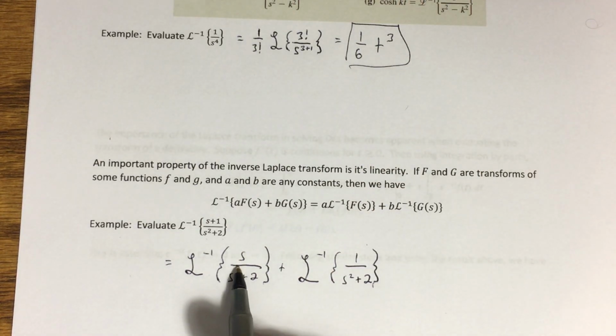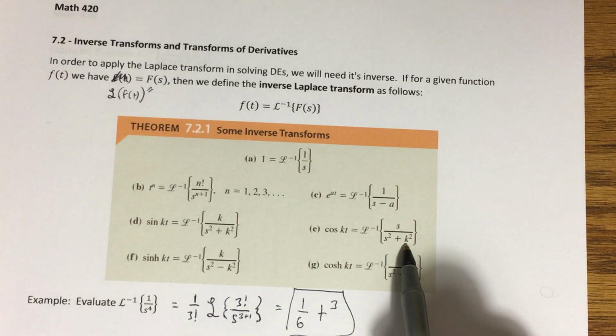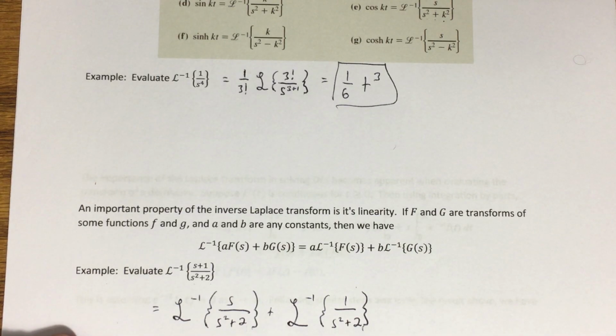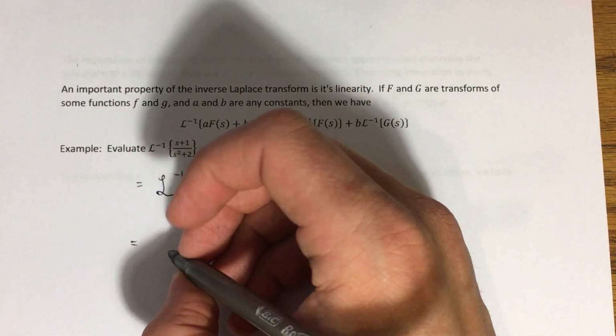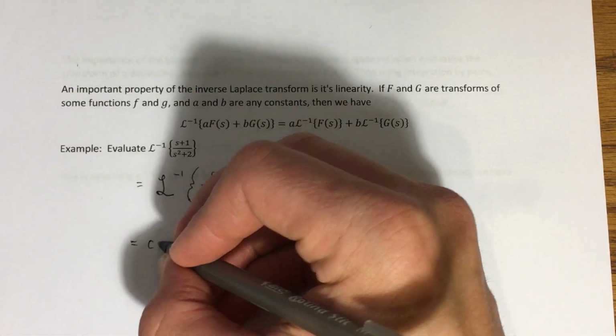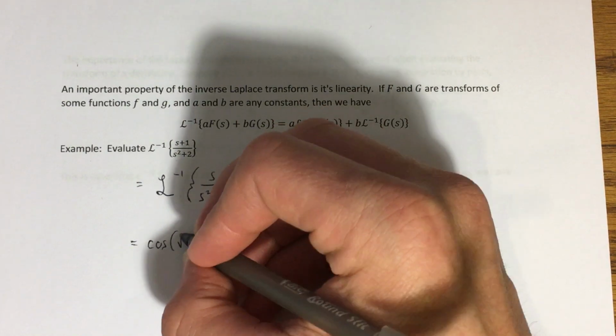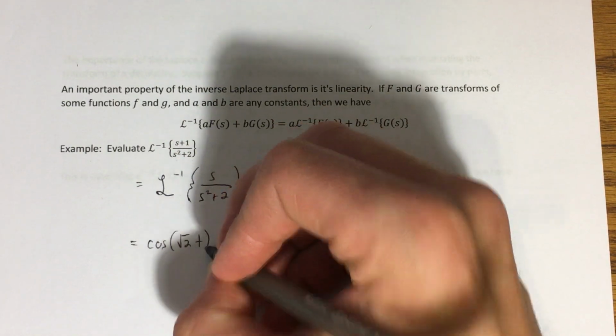Now this guy, this s over s squared plus 2 most closely resembles this one, s over s squared plus k squared. In this case, k squared would be 2, which implies k would be the square root of 2. So this comes out, using that table up there, to cosine of the square root of 2t.